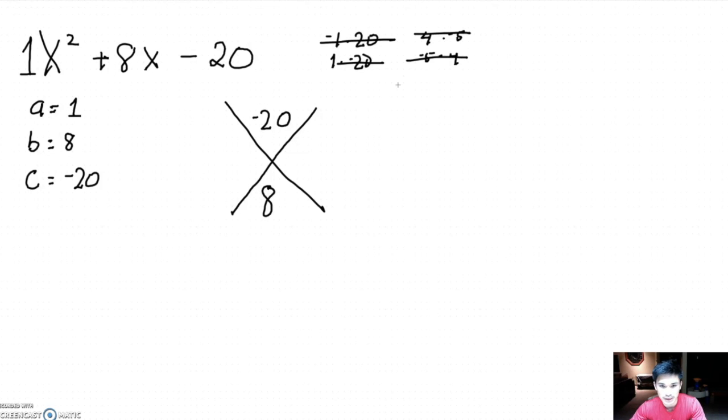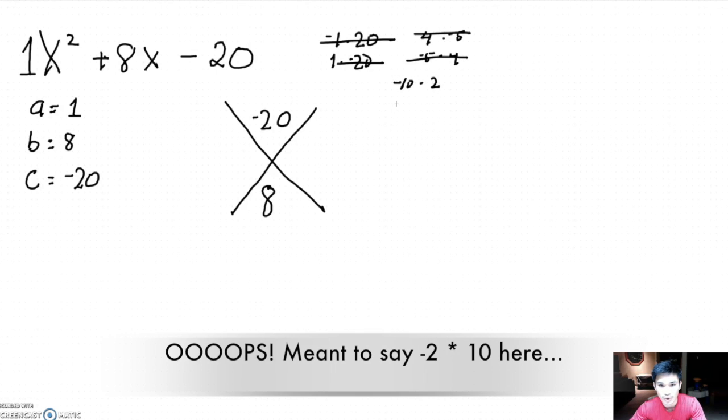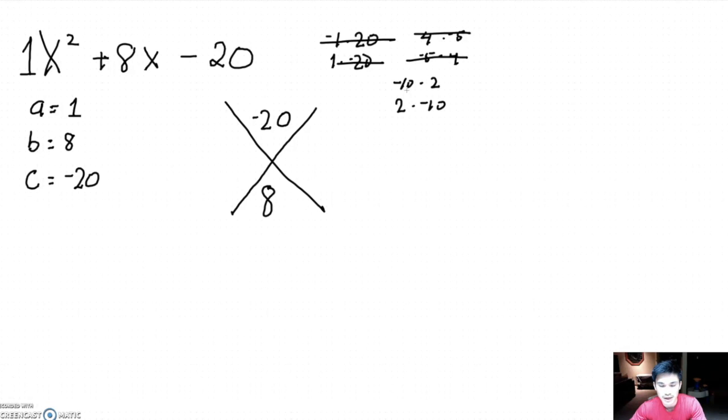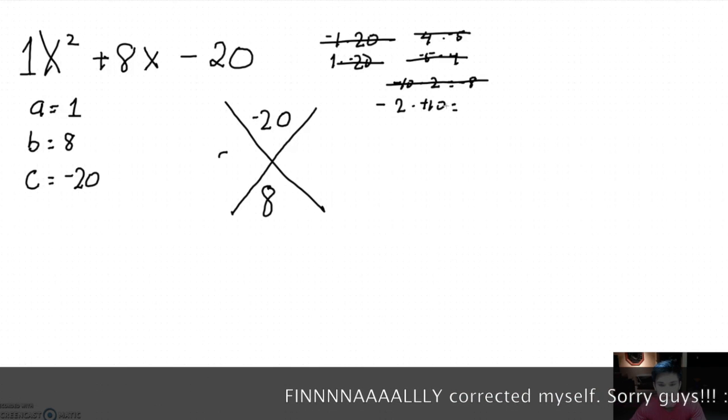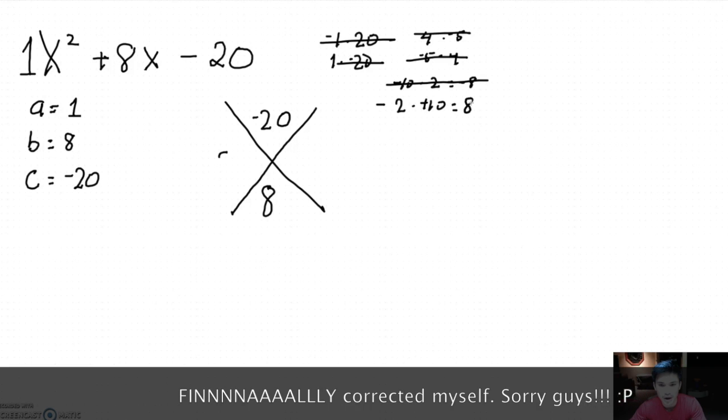But I realize that there's one more pair, which is negative 10 times 2, or 2 times negative 10. If I say negative 10 times 2, that works for multiplying, but if I add those two together, I get negative 8. So that doesn't work out. But if I do negative 2 and positive 10 here, and I add them up, I do get a positive 8.